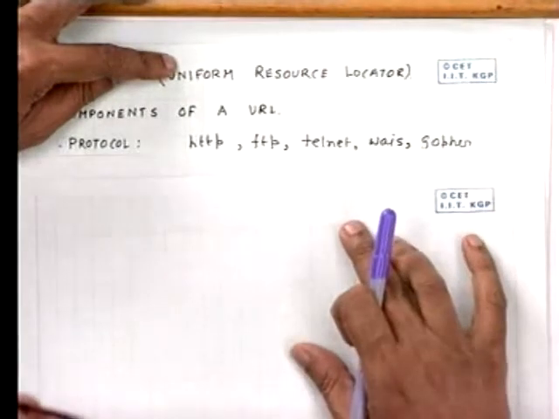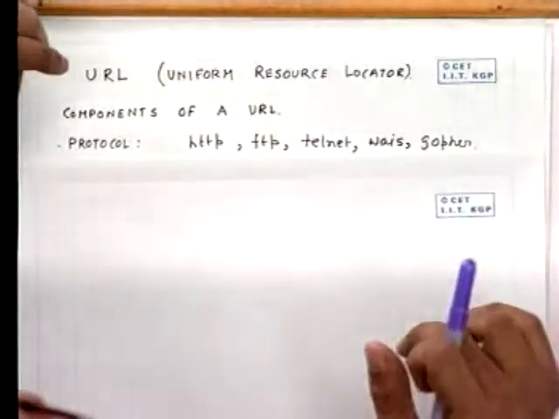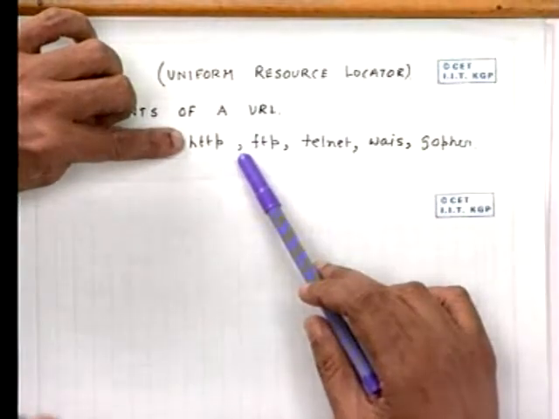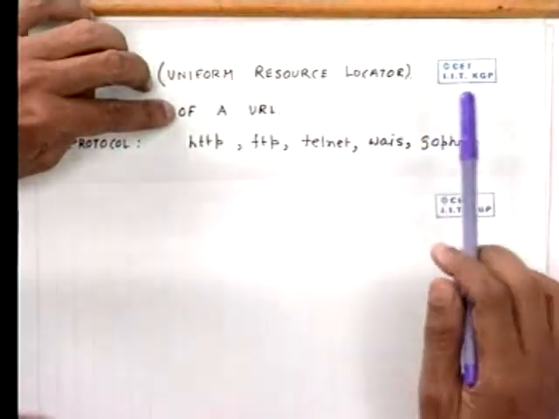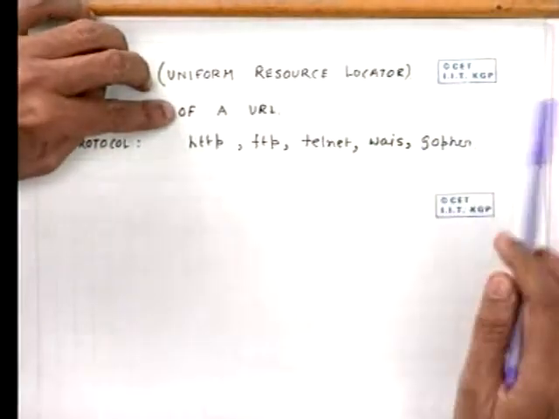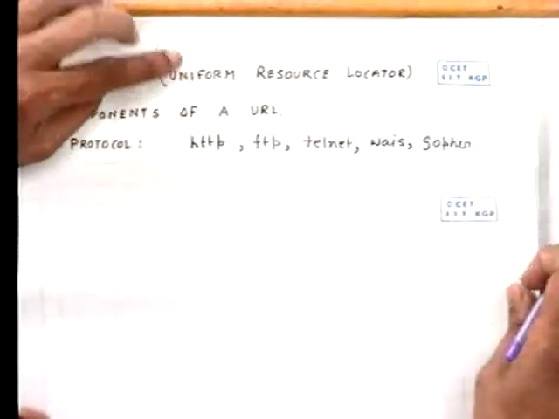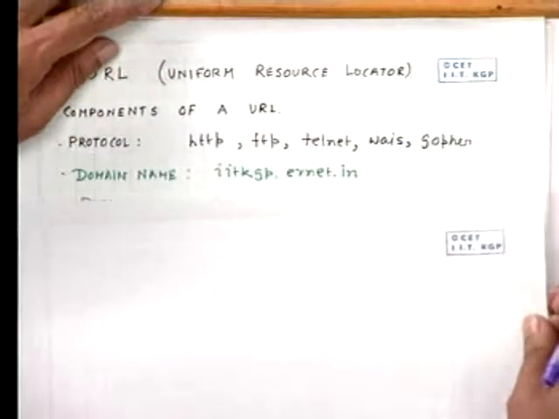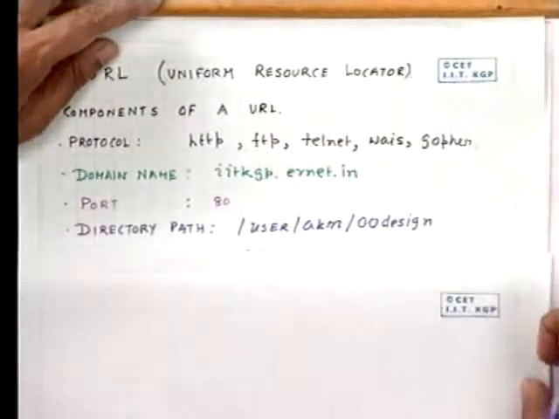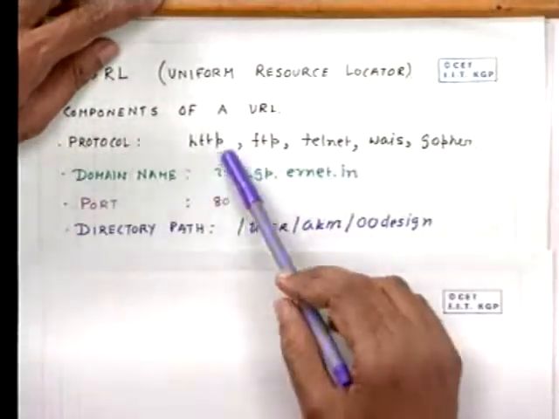There are different components of a URL, typically HTTP, which is hypertext transfer protocol. Then we have file transfer protocol, telnet, wais, gopher, etc. All these protocols are components of a URL. The other components are the domain name, like we had specified.